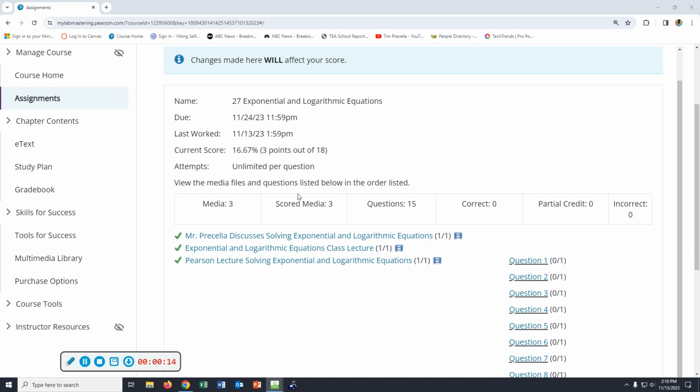And so today we're going to look at solving exponential and logarithmic equations. So far this semester we've learned to solve linear equations, if we just isolate the x. We've solved quadratic, rational, and radical equations.